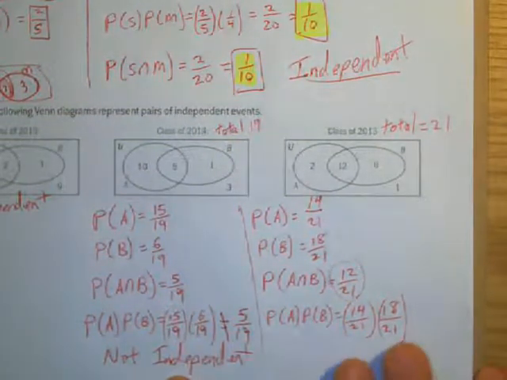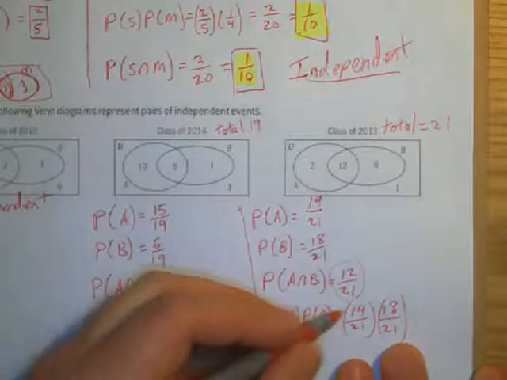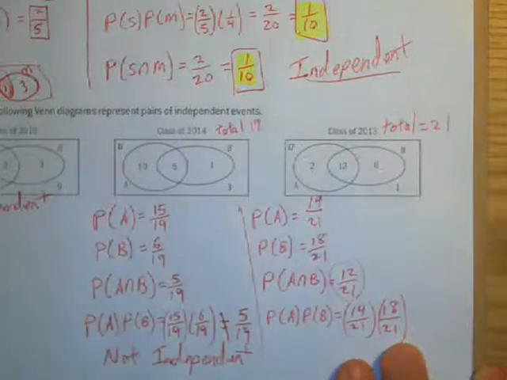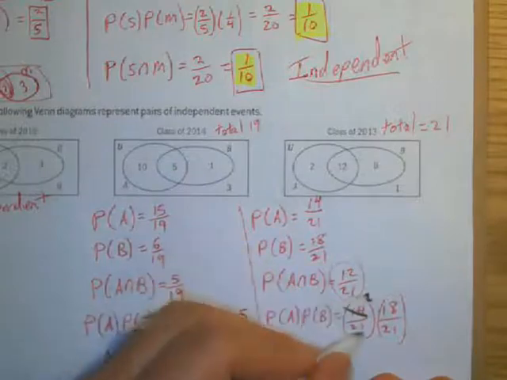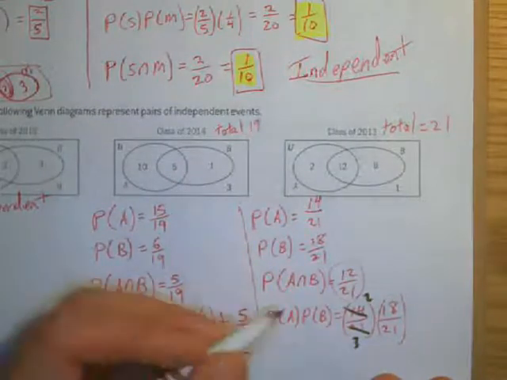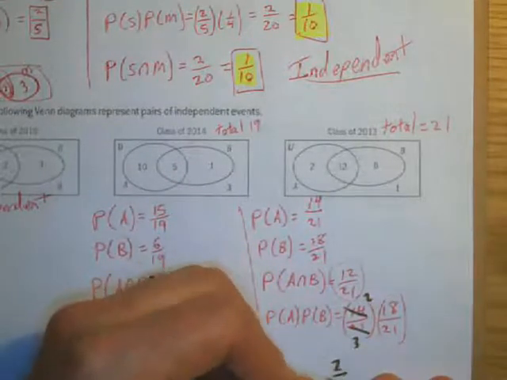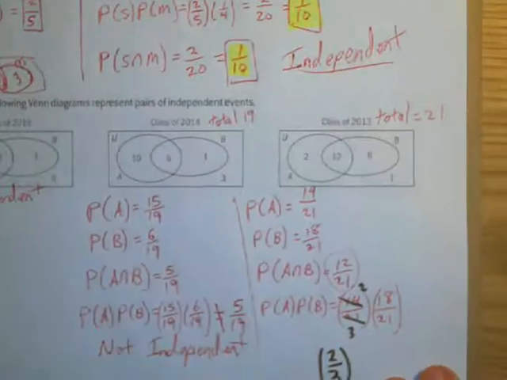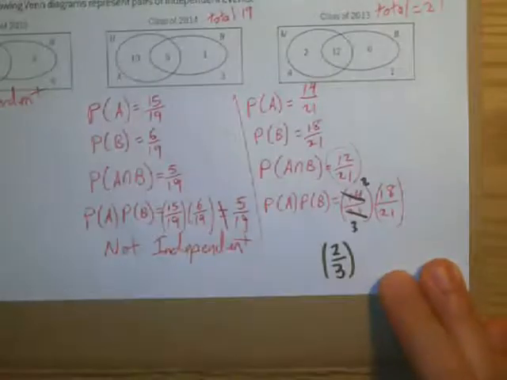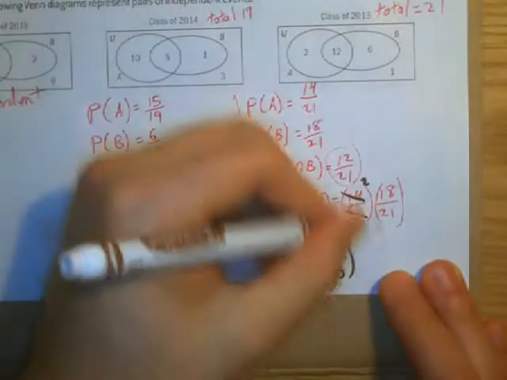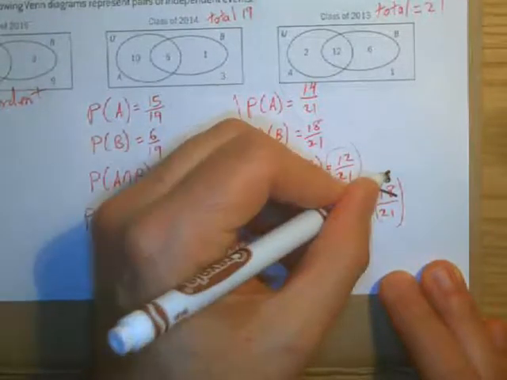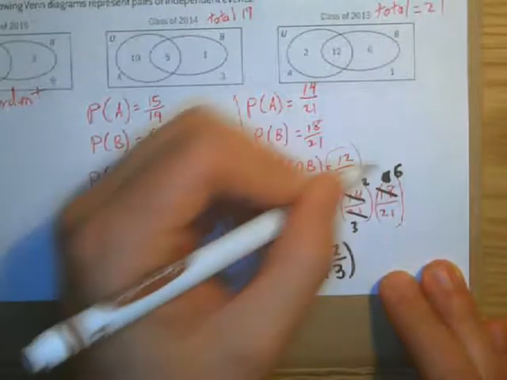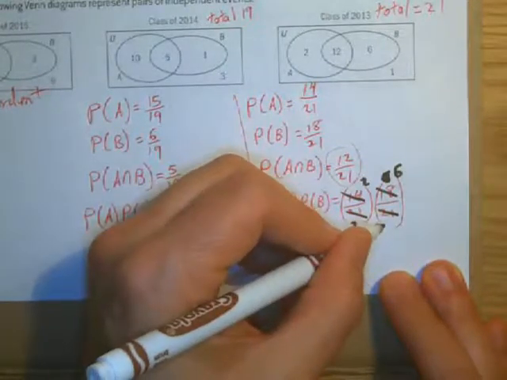Well, we could simplify these fractions because 7 goes into 14 twice, and 7 goes into 21 3 times. So I've got 2/3, right? And let's see, 3 goes into 18 6 times, and 3 goes into 21 7 times.